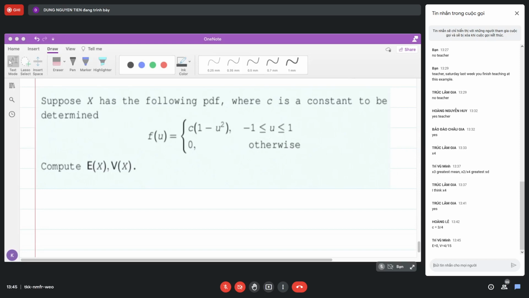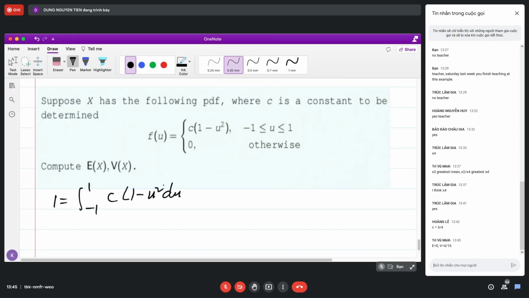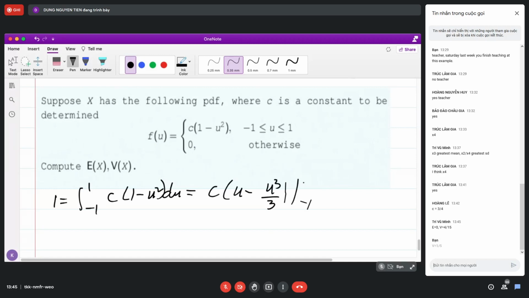Okay. First of all, I need to find the value of c. Then I get 1 equals the integral from -1 to 1 c(1 minus u squared) du, right? So I get c(u minus u to the third over 3) from -1 to 1.